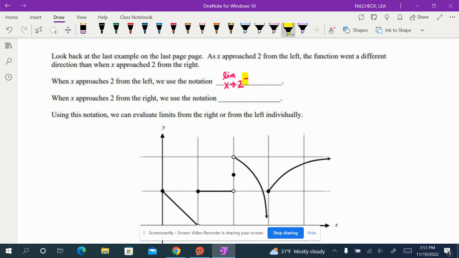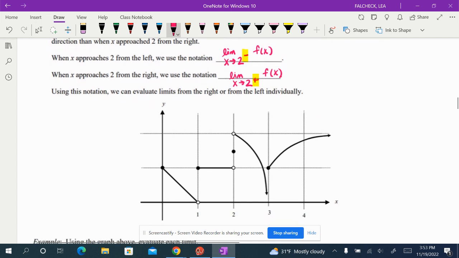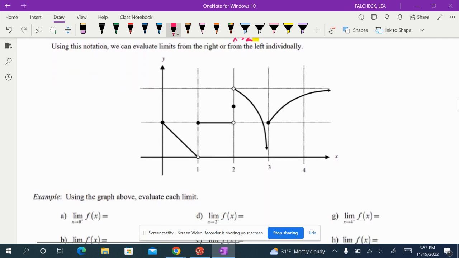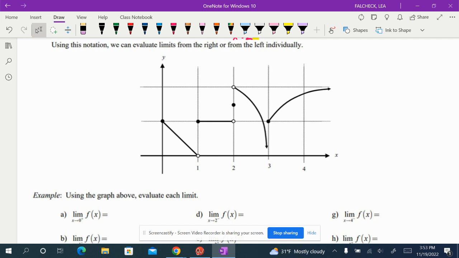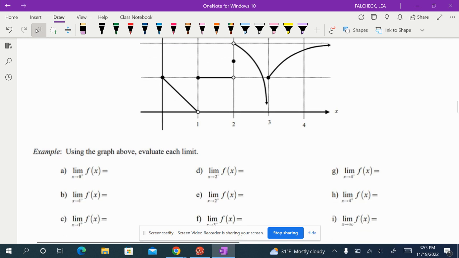This little symbol up there indicates from the left of f of x. When x approaches 2 from the right, we use the notation, the limit as x approaches 2 from the right. This little plus sign up in the exponent indicates the right direction. So using this notation, we can evaluate limits from the right or from the left individually.